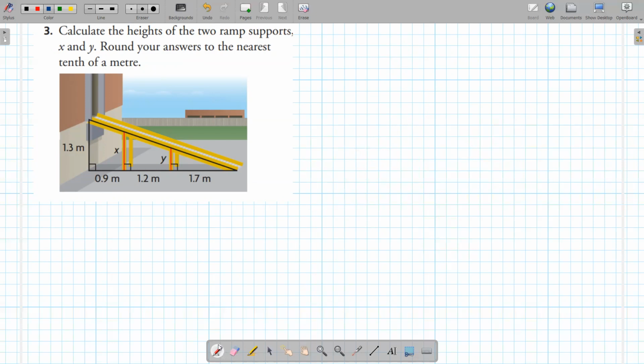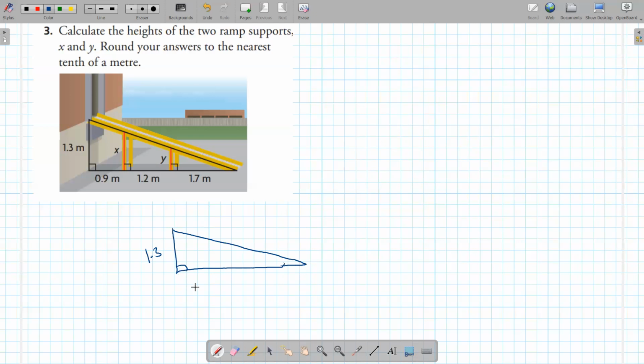All right, the question here is to find x and y. So how do we start? If you look at this, there are 3 triangles. There's the biggest one on the outside that has a height of 1.3.